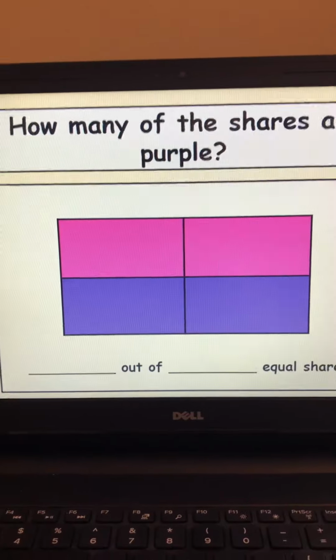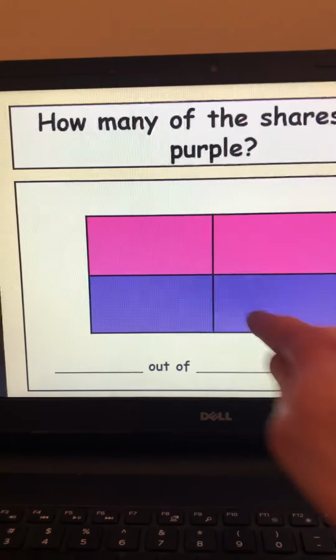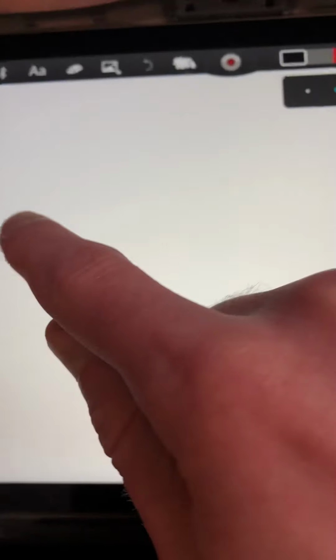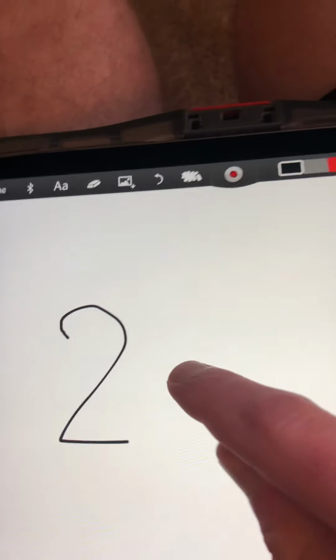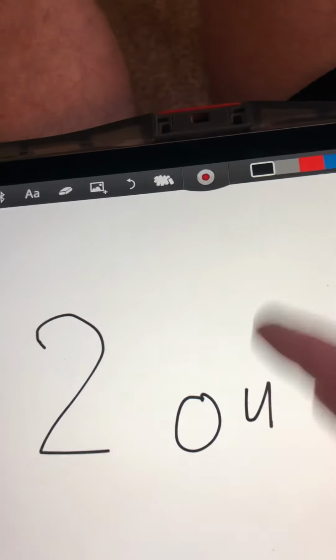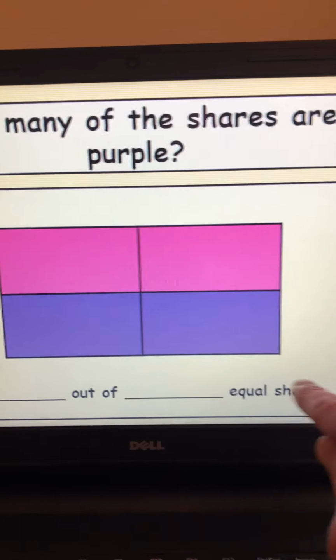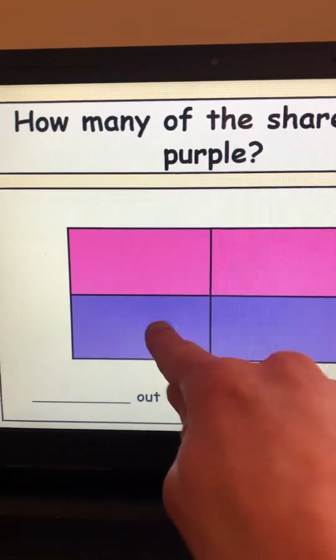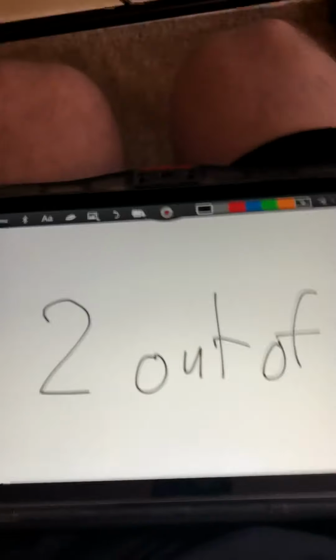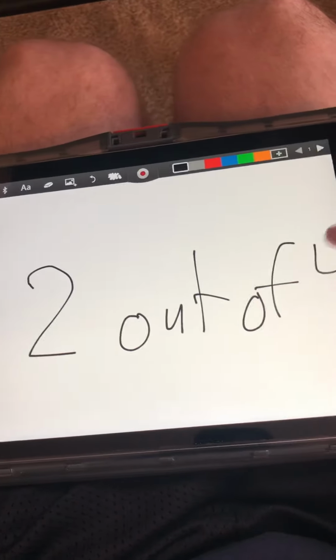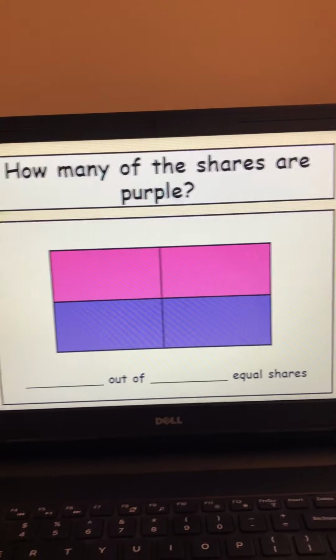Well, you can see that 2 of them are purple. 2 out of, well, how many are there total? How many equal shares are there? 1, 2, 3, 4. So 2 out of 4 are purple.